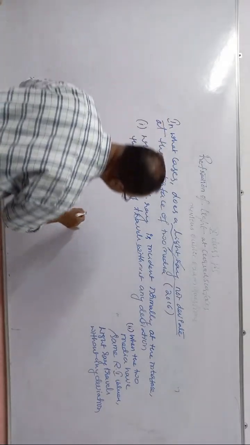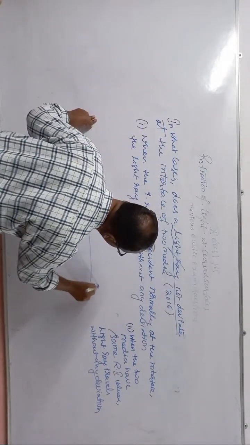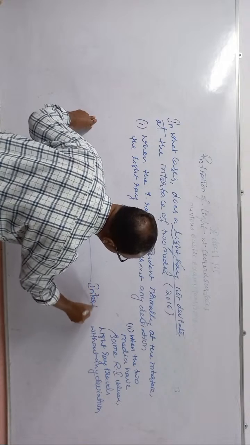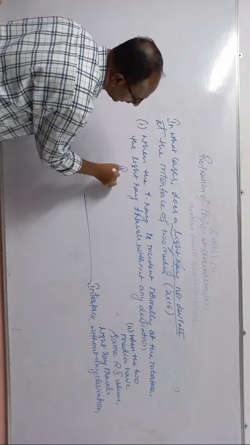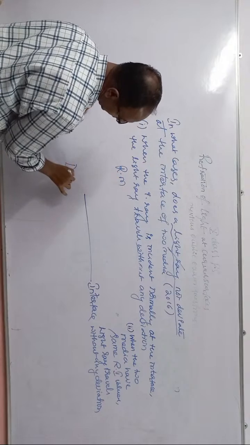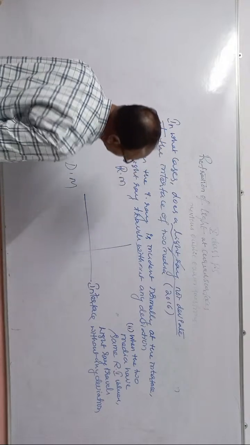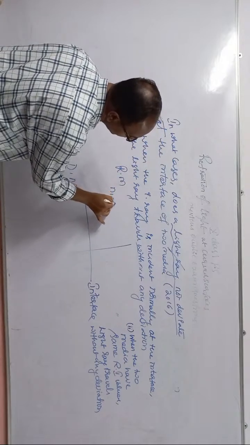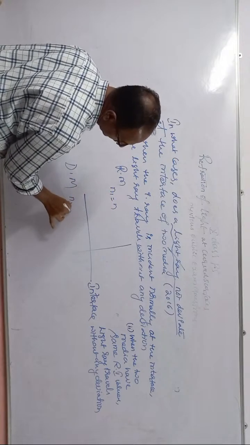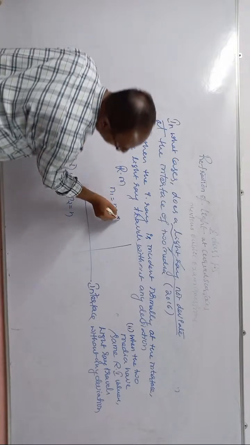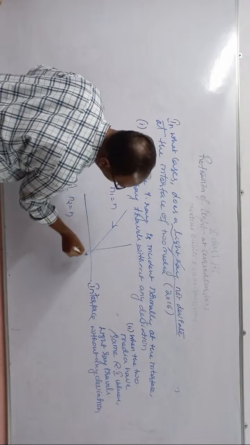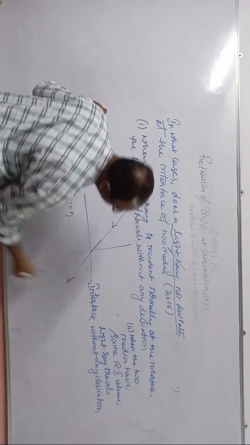Let us observe the diagram. For example, it is the interface which is separating both media, rarer medium and denser medium, and this is a normal. Its refractive index n1 is n, its refractive index n2 is n. Both are equal, and suppose this is the incident ray, then after the refraction also it travels like that.